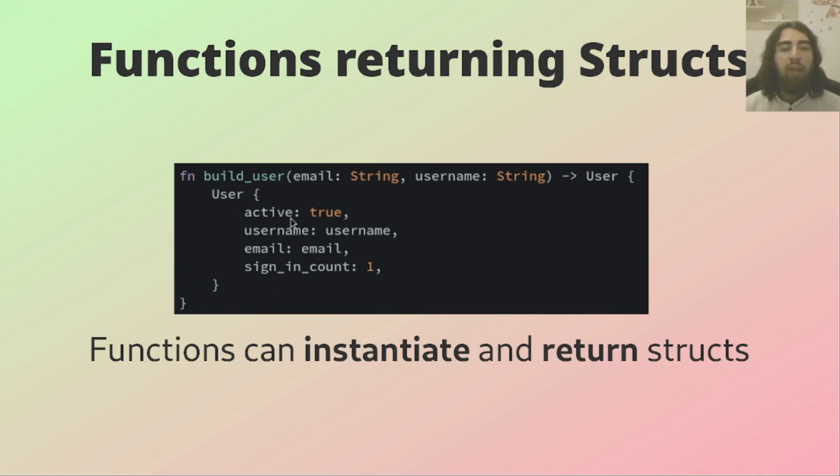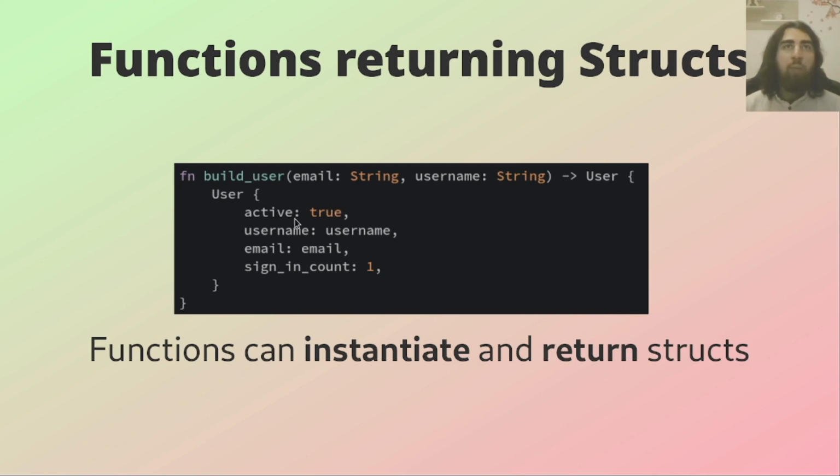And as you can see, again, it's just providing concrete values for each of its fields. And over here, this function takes two arguments, email of type string and username of type string. And then it provides it to the username field and to the email field.